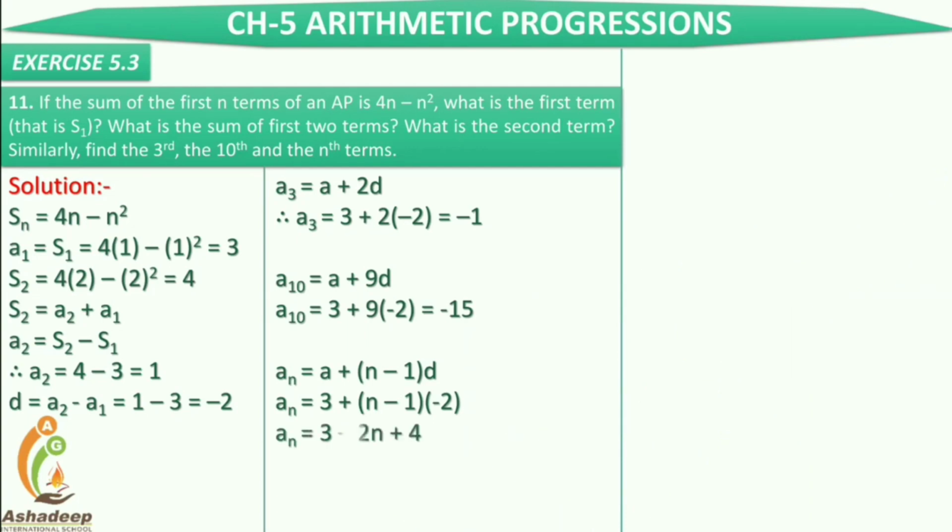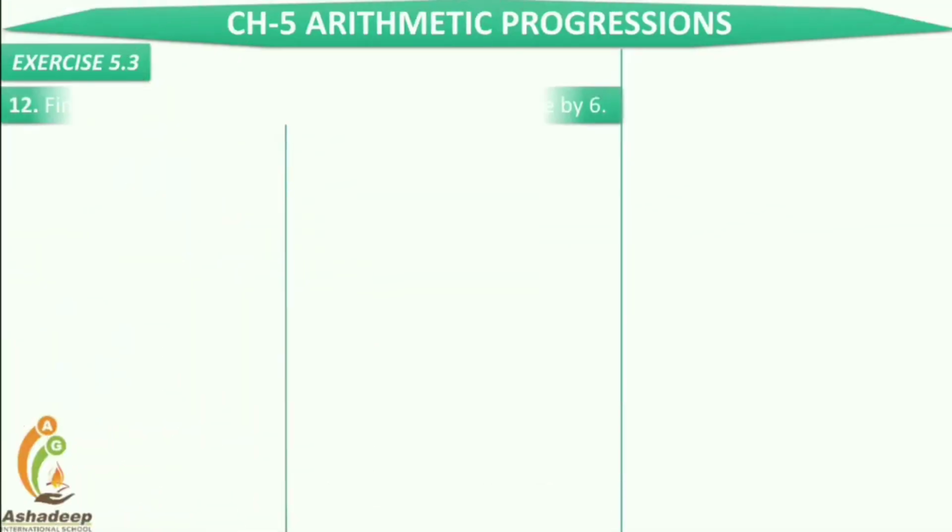That is our answer. See, 7 minus 2n, it is okay, it's not 7, it's 5. It's nothing but 5 minus 2n. Okay, now let's move ahead.